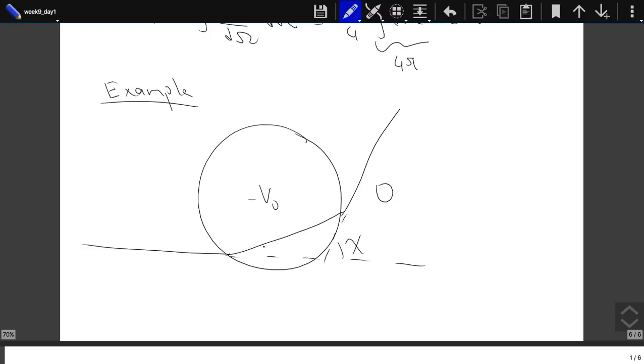How do you calculate this angle? Anyway, I might give it as homework.